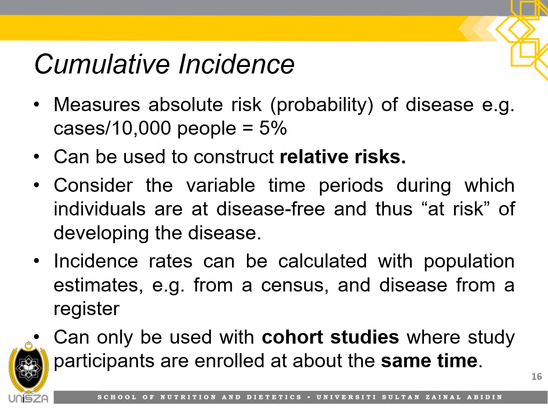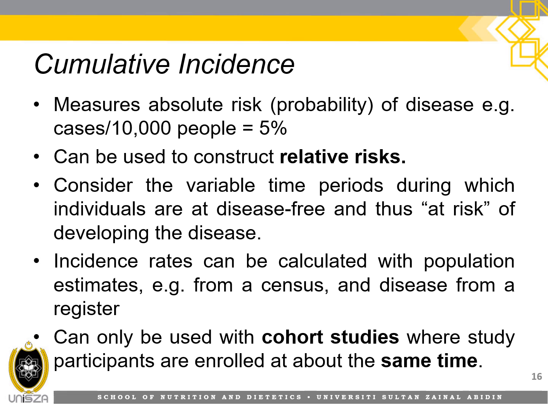By now, we understand that cumulative incidence measures absolute risk or probability of disease. Example: cases over 10,000 people, which is equal to 5%.